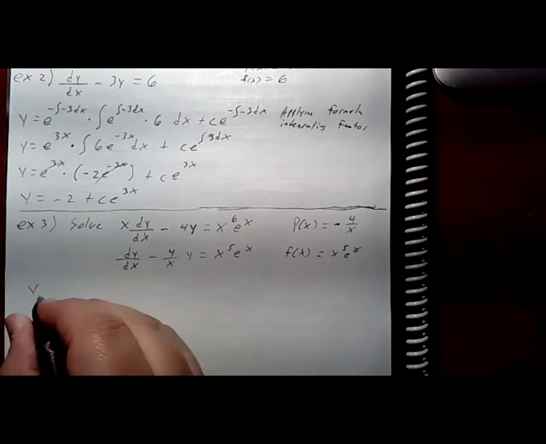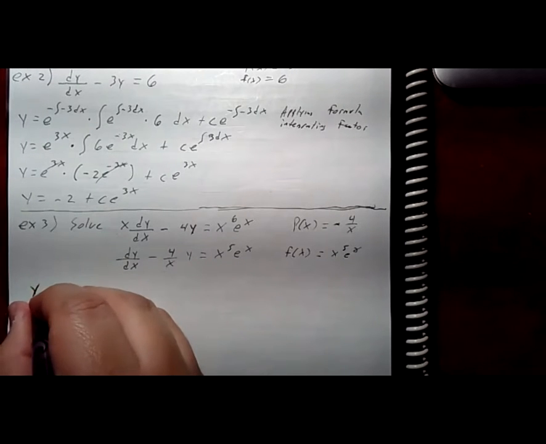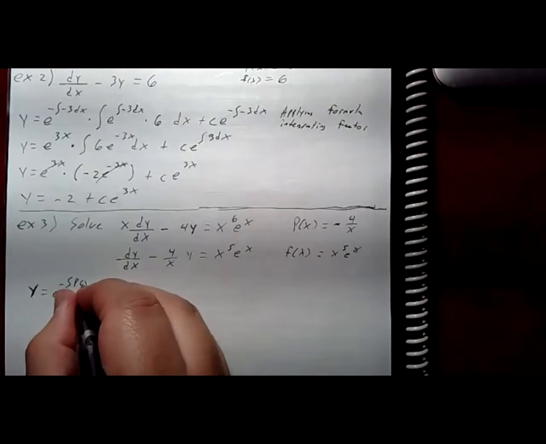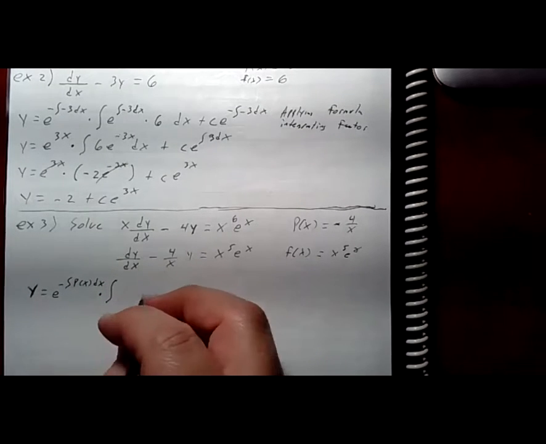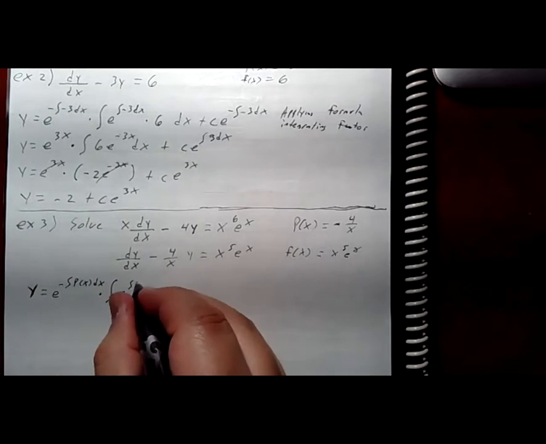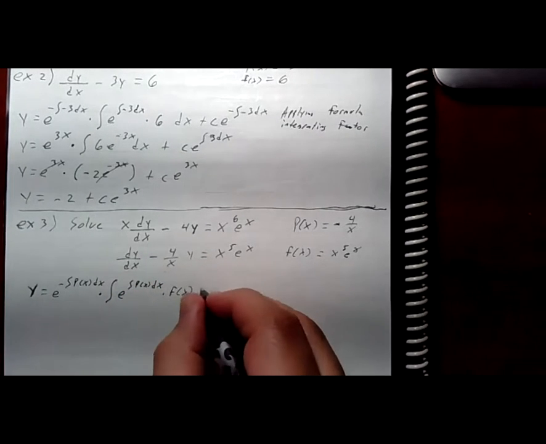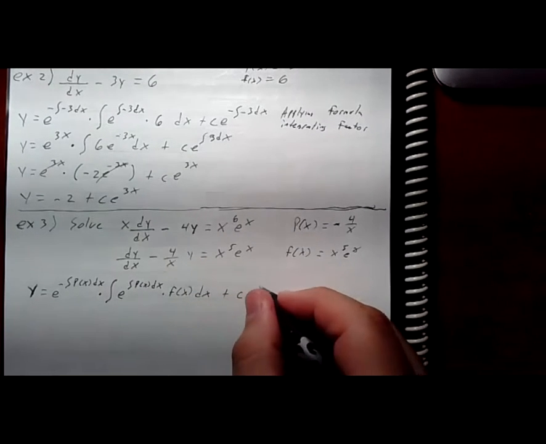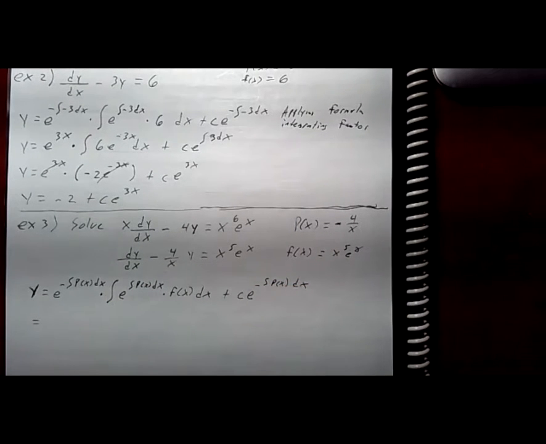So the function y is equal to e to the negative integral of p of x dx times the integral of e to the integral of p of x dx times f of x dx plus c e to the negative integral of p of x dx.